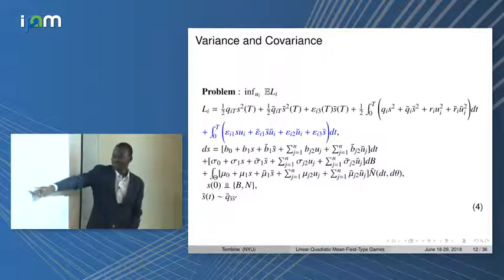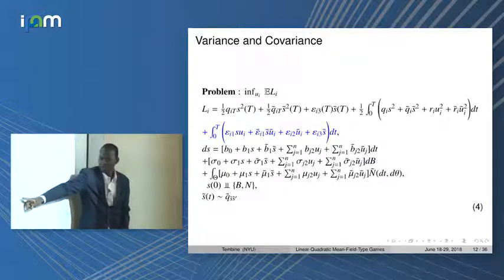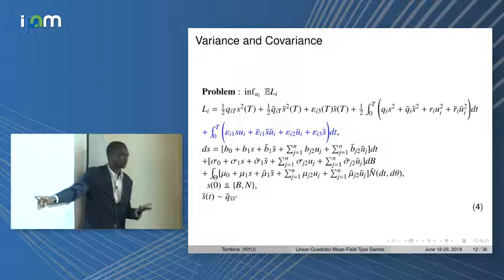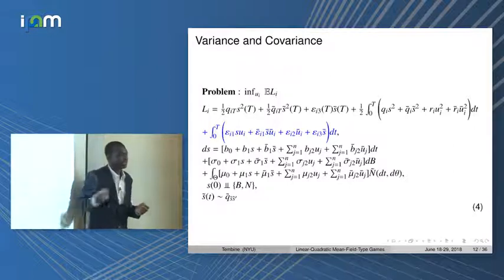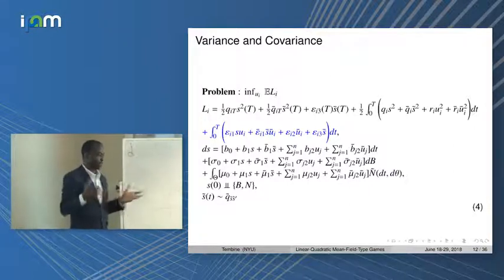Okay? Same thing for the diffusion and same for the jump term. So this time they are control dependent. The coefficients of the jumps are control dependent. And this is something that you see immediately when you do investment over several options, several assets.